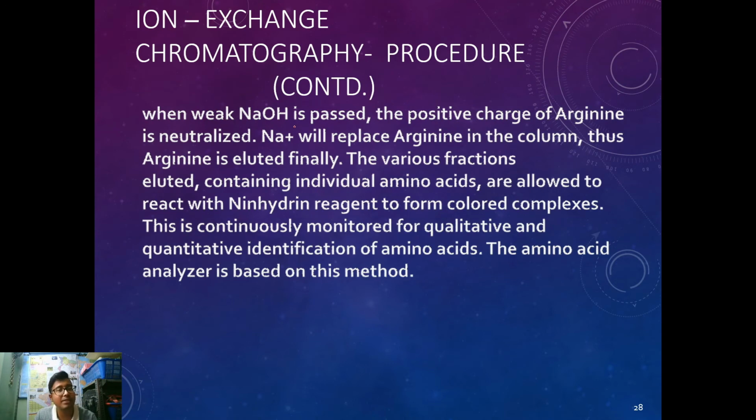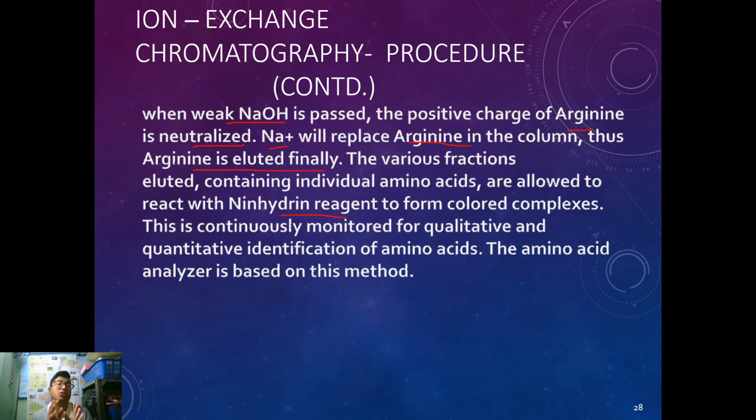In this case, what will be the elution buffer? Weak sodium hydroxide solution. The positive charge of arginine is neutralized. Why? Because sodium has better replacement capacity. Na plus will replace arginine in the column, thus arginine is eluted finally. The various eluted fractions containing individual amino acids are allowed to react with ninhydrin reagent to form colored complexes.